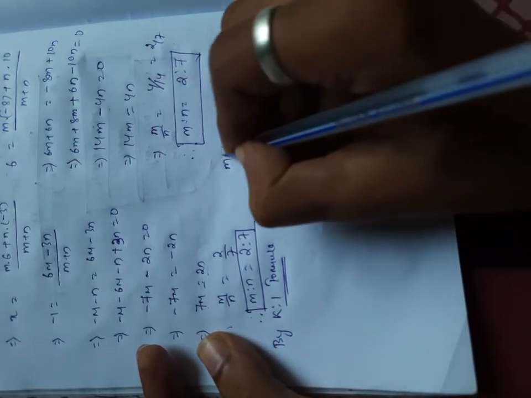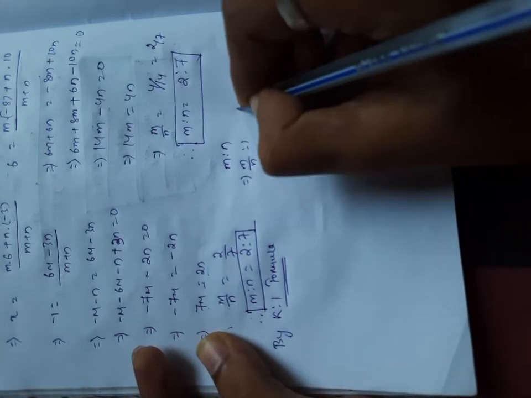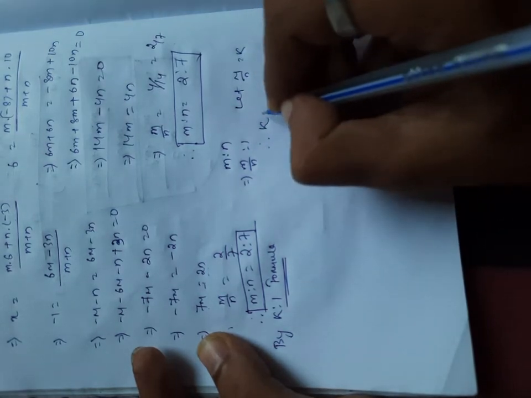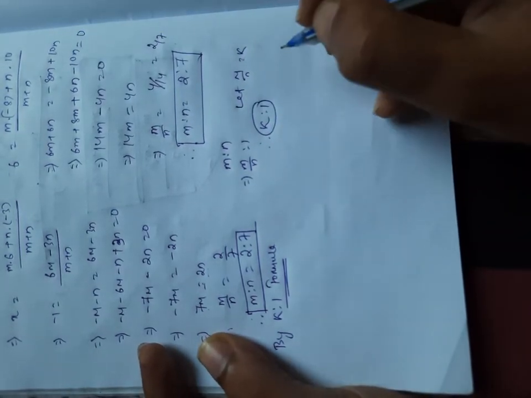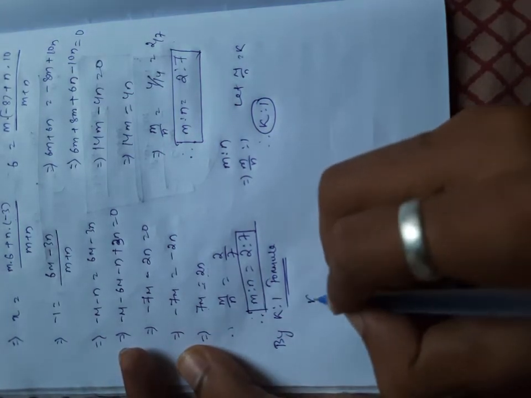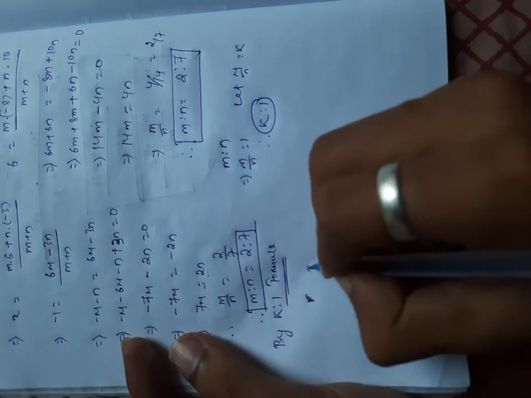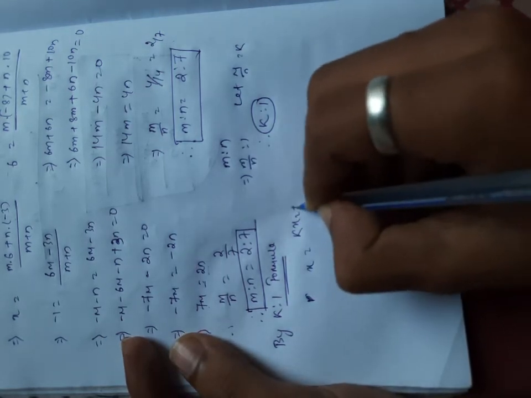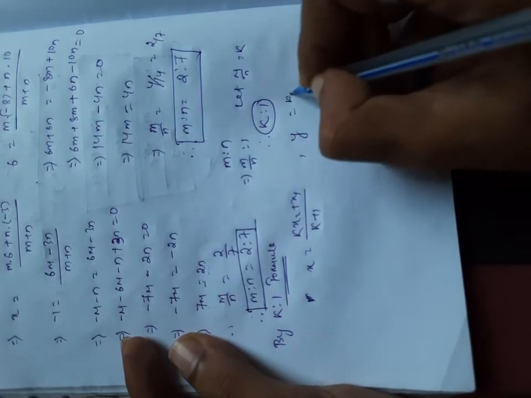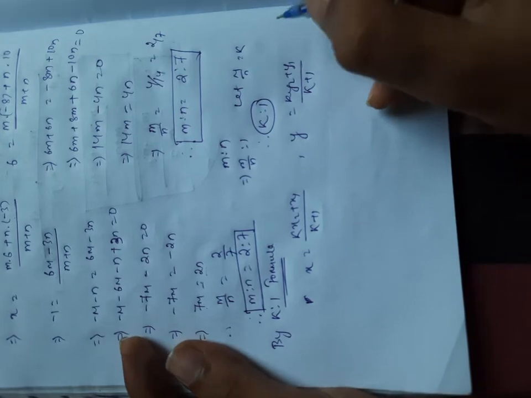Let m is to n, that means m by n is to 1. Let m by n equal k, therefore this ratio becomes k is to 1. So the formula of k is to 1: x coordinate equals (kx2 + x1) by (k + 1), y coordinate equals (ky2 + y1) by (k + 1).